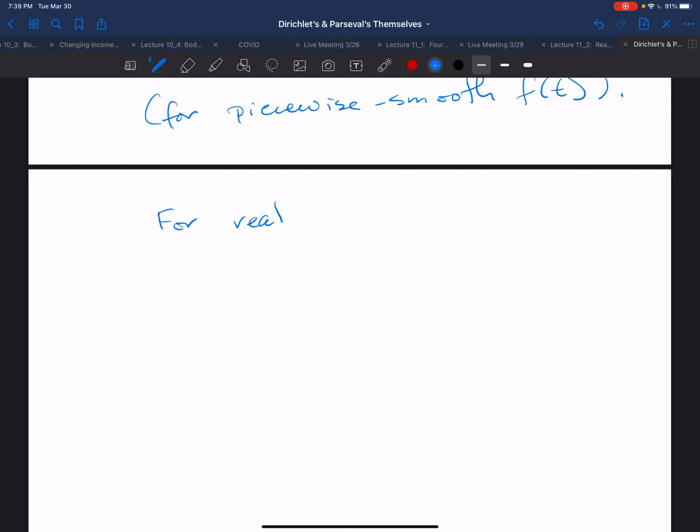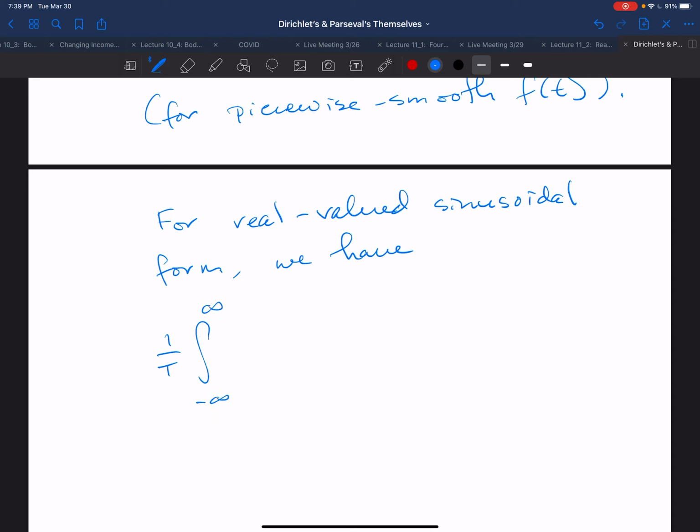We talked about the real valued sinusoidal form of the Fourier series. And in that case, Parseval's theorem says essentially the same thing. It says that the average power in f of t equals, first of all, the average power in, if you like, the DC component.